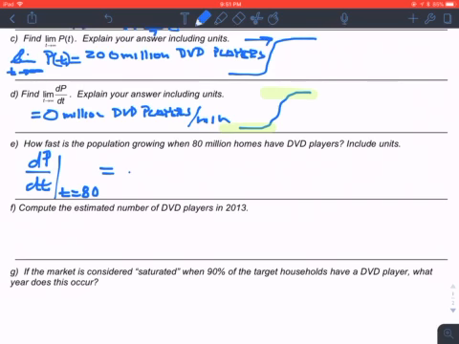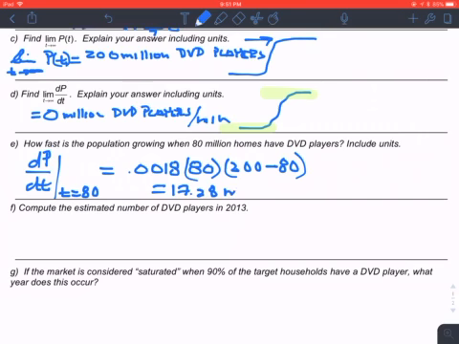That's going to be 0.0018 times 80 times 200 minus 80. If you whip that out on your calculator, I believe you get 17.28, and our units on that are million DVD players per year. So you got to make sure you put it in the context.